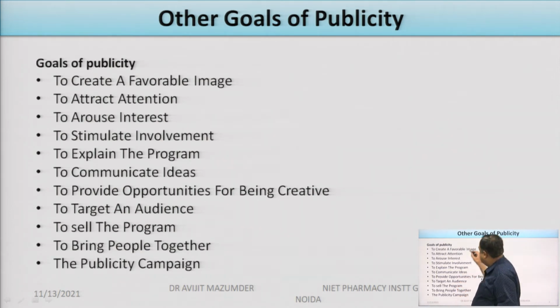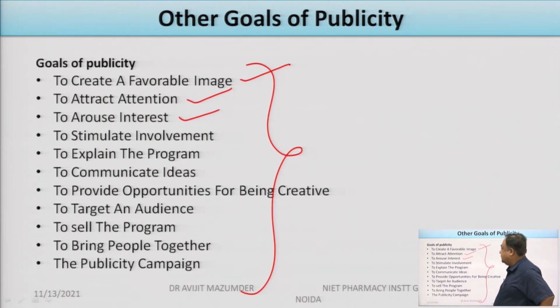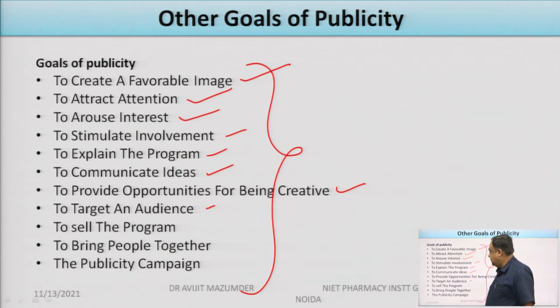So, the other goals of publicity are to create a favorable image of the organization, the company or the product, to attract the attention of the customer, to arouse the interest of the buyers, to stimulate the involvement of the people who are directly or indirectly involved in the decision making process, to explain the program, to communicate the ideas, to provide opportunities of being creative, to target an audience, to sell a program, to bring people together, and finally, the publicity campaign.